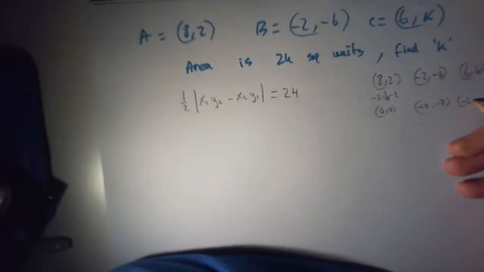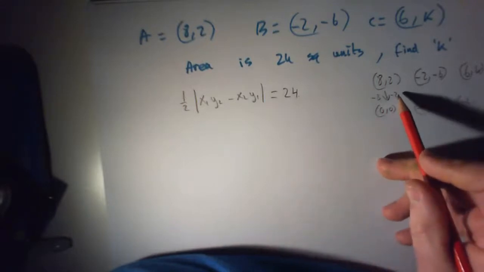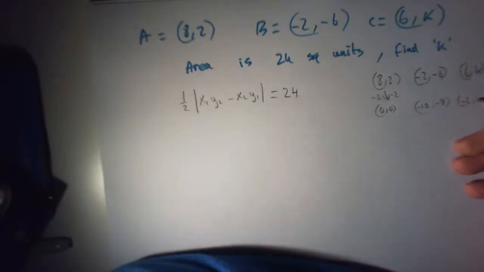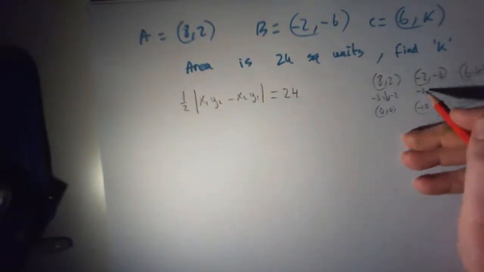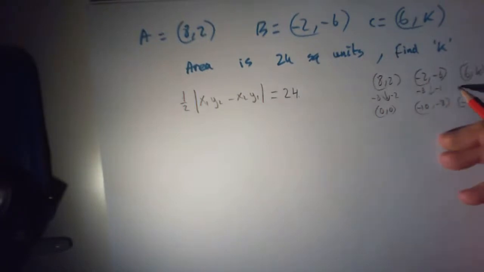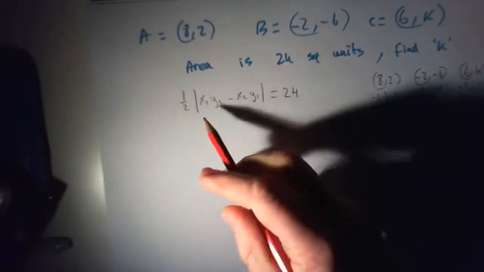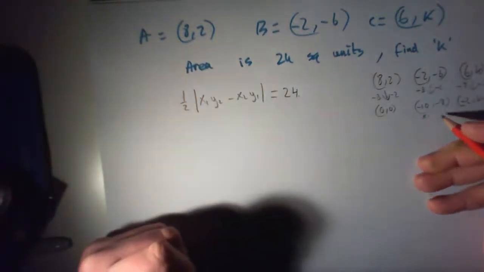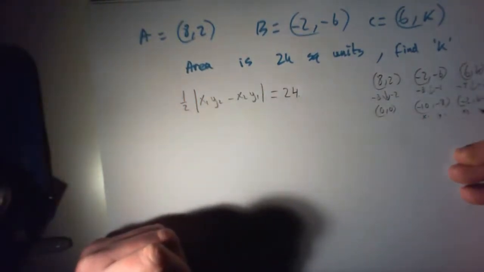And this is the tough one. Okay? If I take away 2, that's K minus 2. Tough one. You see that? So take away 8, take away 2. Take away 8, take away 2. So now let's put them into our formula and see what happens. x1, y1, x2, y2.